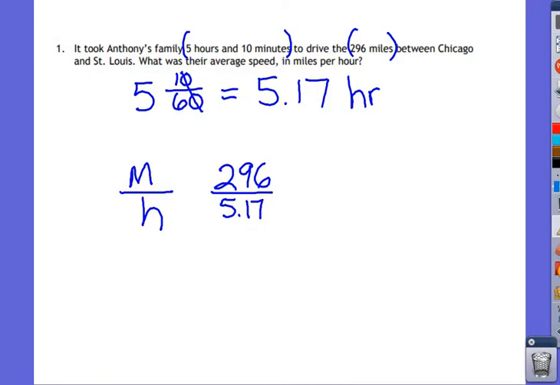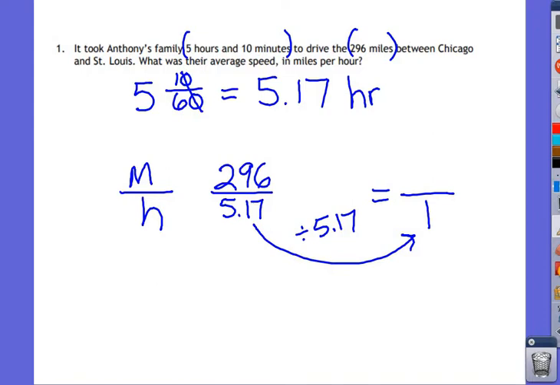I want to find a unit rate. So I want to get 1. So 5.17 to get to a 1, what are we having to do? Divide by 5.17. But do we ever really divide? What are we supposed to be doing?